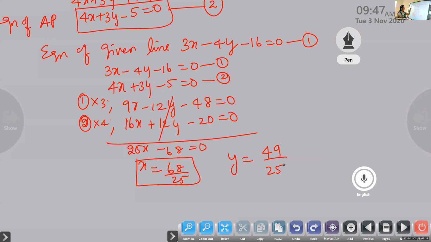After finding x, substitute this in any one of the equations and find out the value of y. Minus 49 by 25.